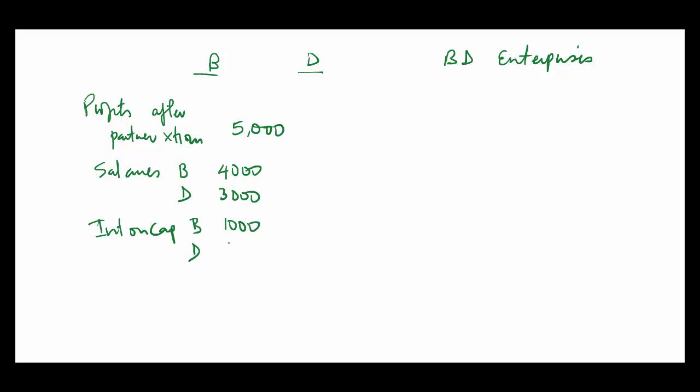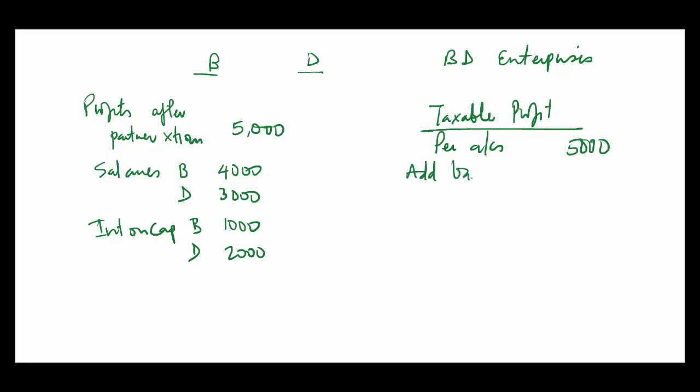In which case the taxable profit will be per account what was reported, 5,000, and then you're supposed now to add back the disallowed expenditures, salaries of 7,000, then the interest on capital 3,000, so that now we have a total of 15,000.